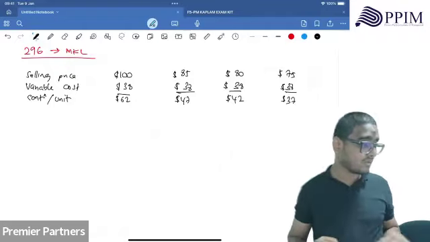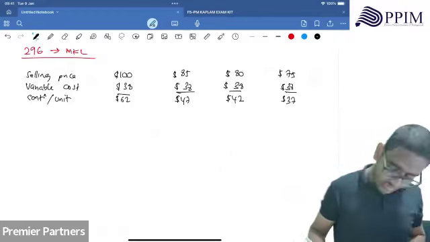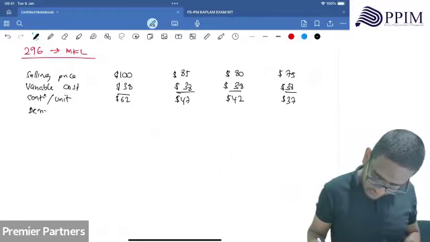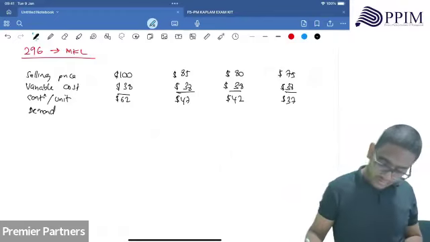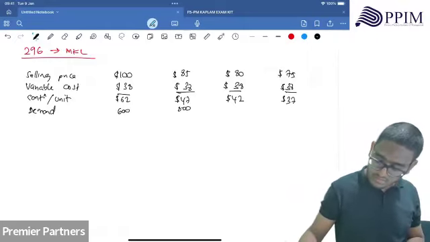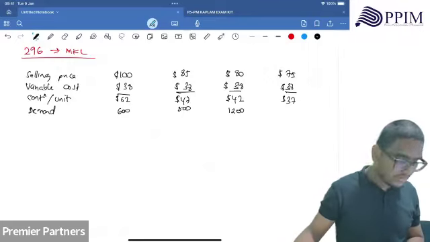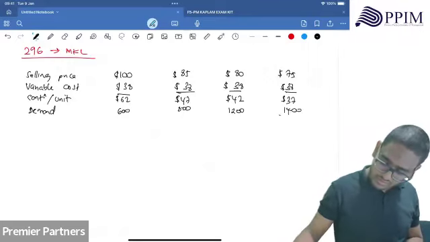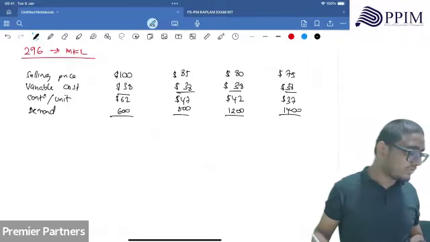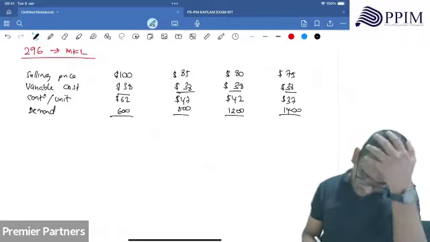Then you can look at the number of units: 600, 800, 1200, 1400. This will give you total contribution.